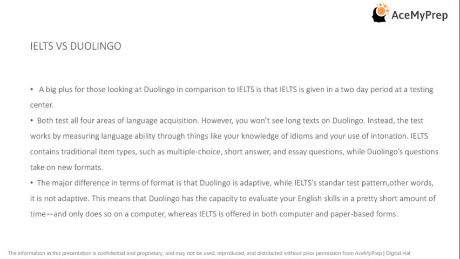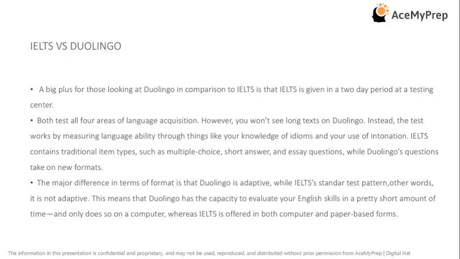Also, both tests cover all 4 areas of language acquisition, but on Duolingo you won't see any long text. Unlike IELTS, where you find long text in the reading section and you have to write longer text in the writing section, this is quite short and crisp, right? The major difference is, again, it's adaptive.